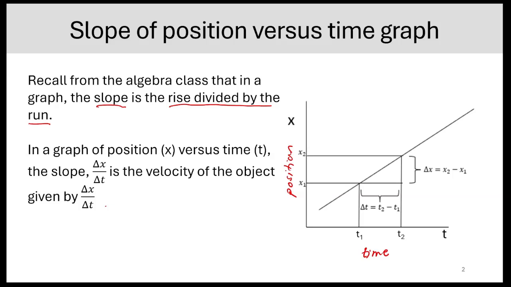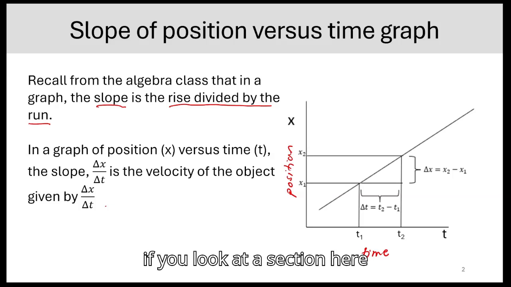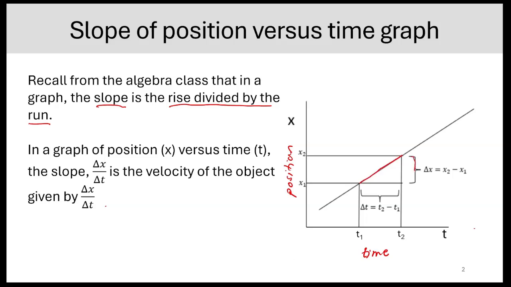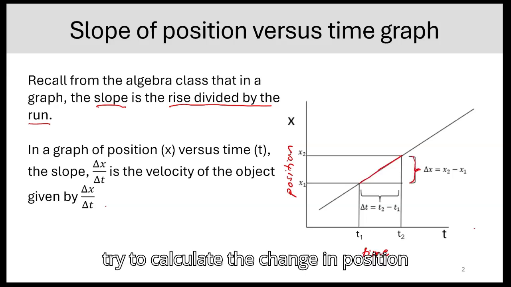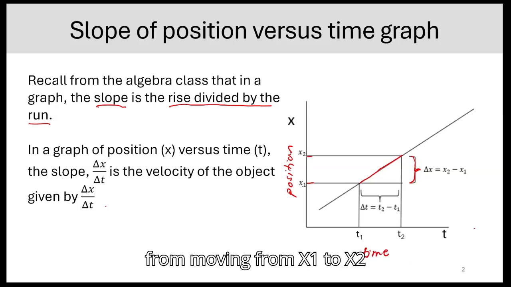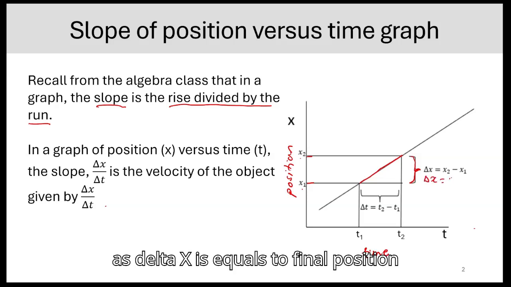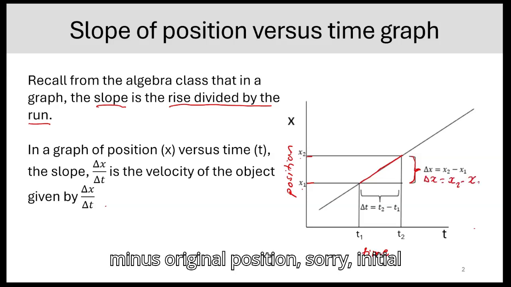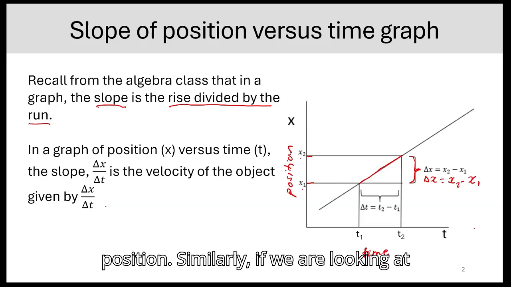If you look at a section here and try to calculate the change in position from x1 to x2, we can represent it as delta x equals final position minus initial position.